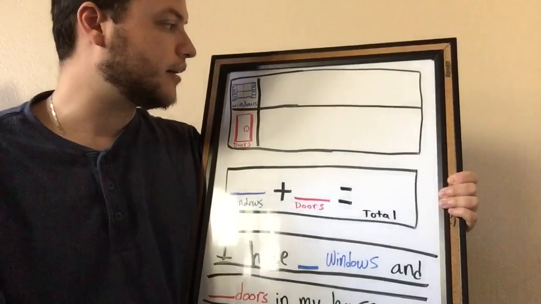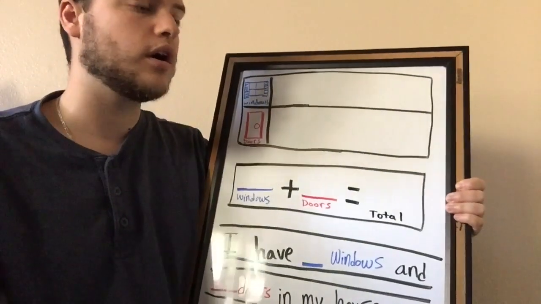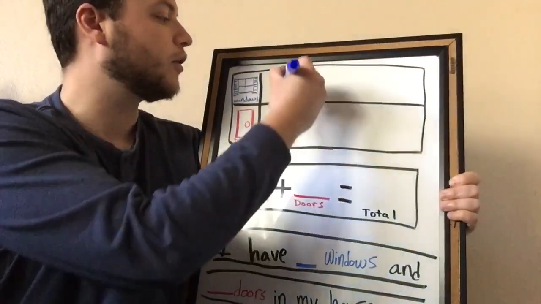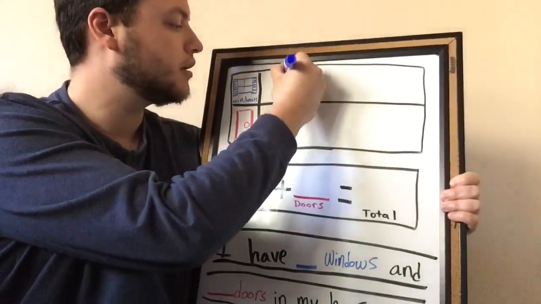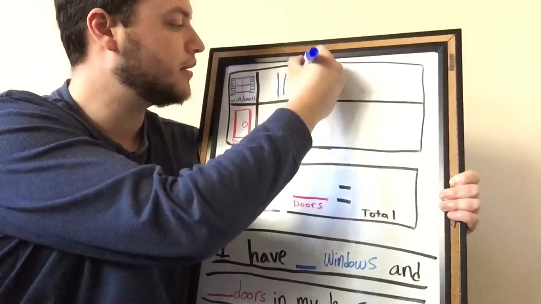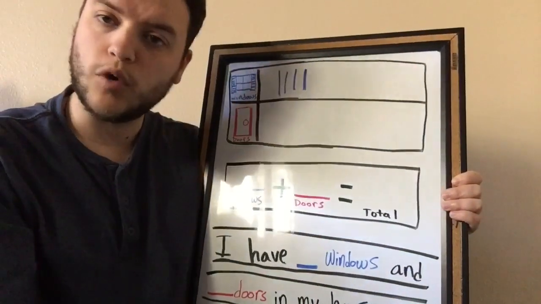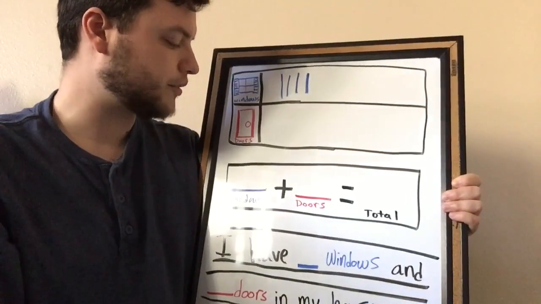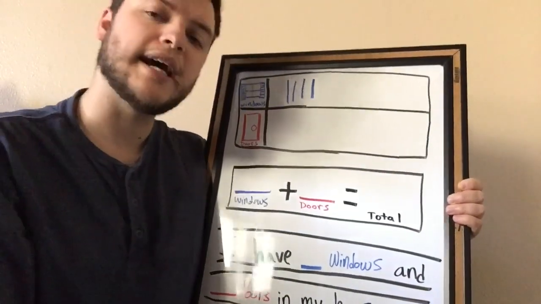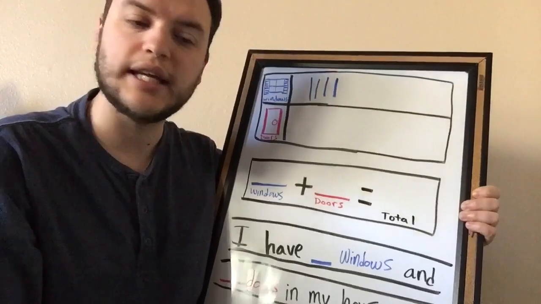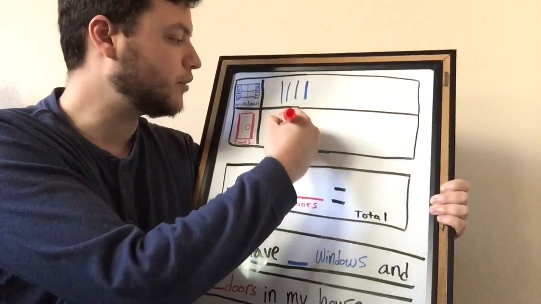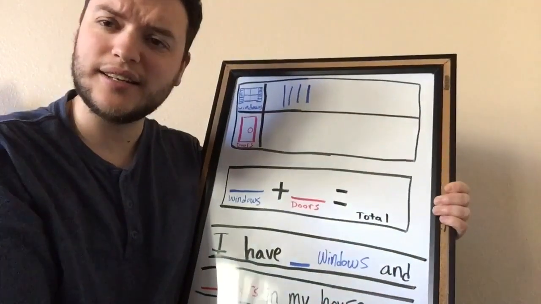So in my house, I have 4 windows. Okay, so tally marks for 4. That's 1, 2, 3, 4. 4 lines, that's 4. Okay, for the doors, I actually have 6 doors in my house. So the 6, do I just write 6 lines then?